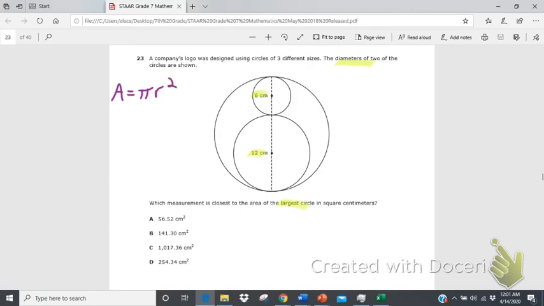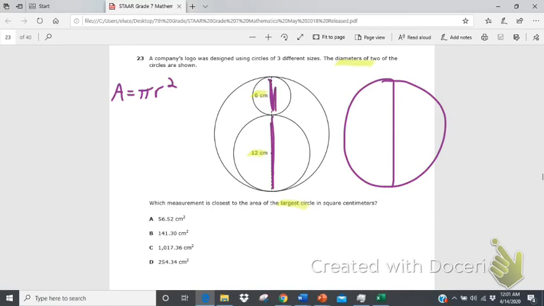Well, here, ladies and gentlemen, if you were just to draw the big circle, if this right here is 12 and that right there is 6, that means that the diameter is 18. But the formula does not call for the diameter, it calls for the radius. So if my diameter is 18, that means that my radius is 9.